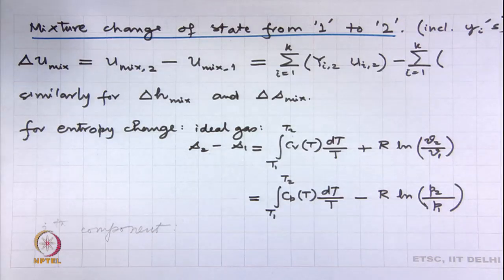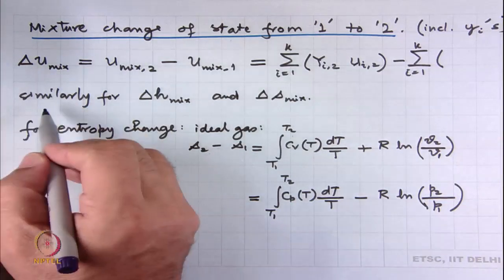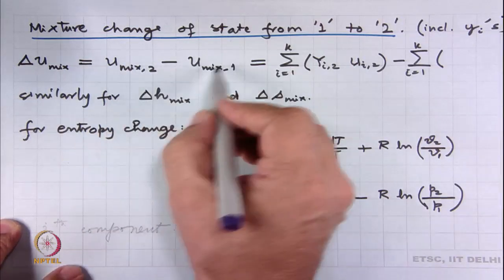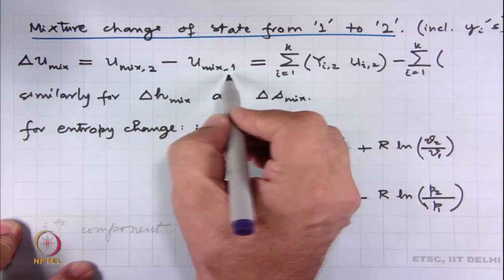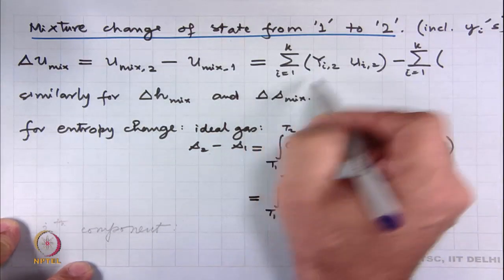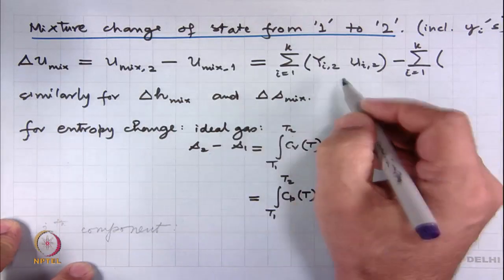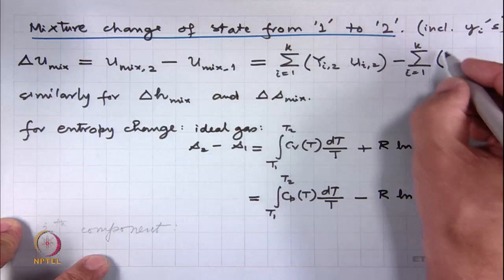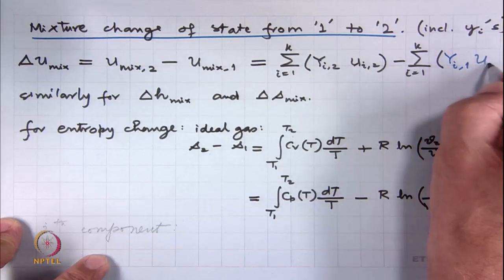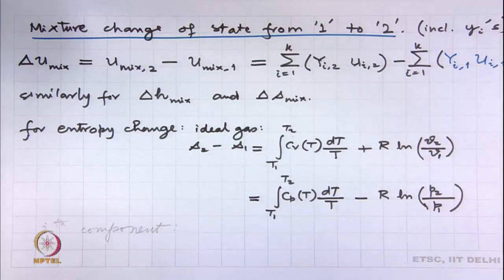What happens in that case? So there we have that delta U of the mixture will be the specific internal energy of the mixture in state 2 minus the specific internal energy of the mixture in state 1, which is the summation over i, for state 2, yi2 ui2 product, minus the same thing, but this time it will be yi1 ui1, that product.